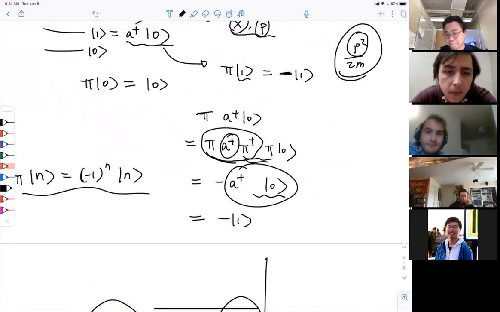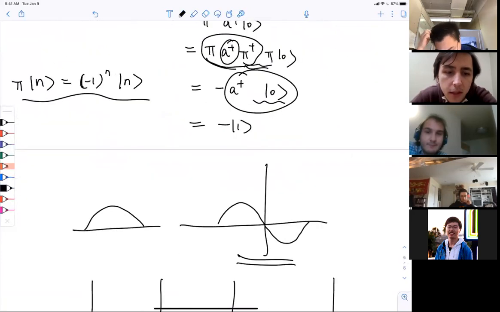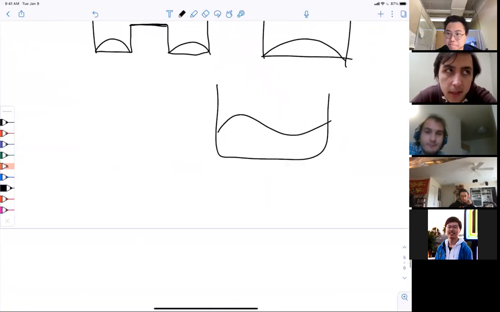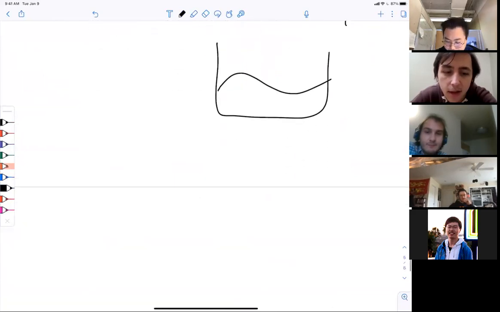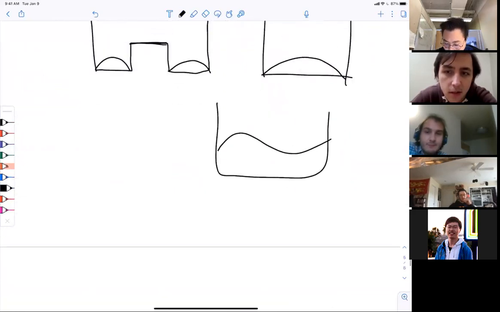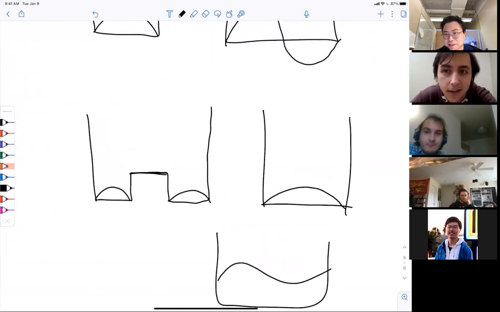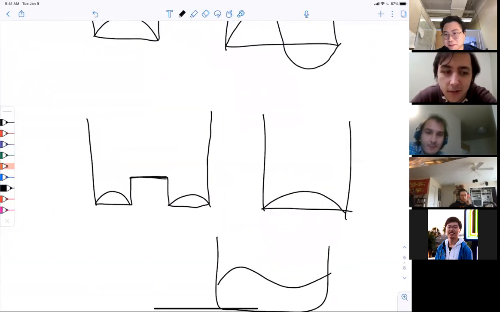And if you have a Hamiltonian that does not commute with parity, does that tell you something about its eigenfunctions? Would that mean that they have to be neither even nor odd?